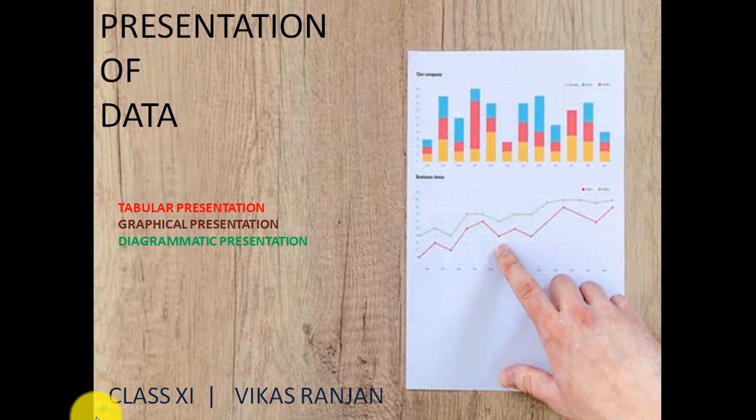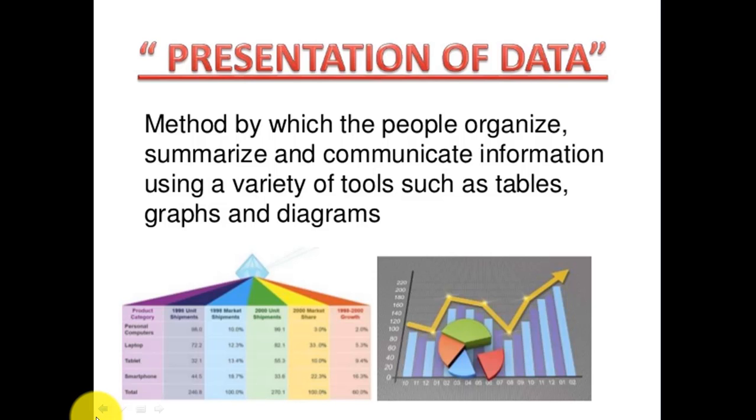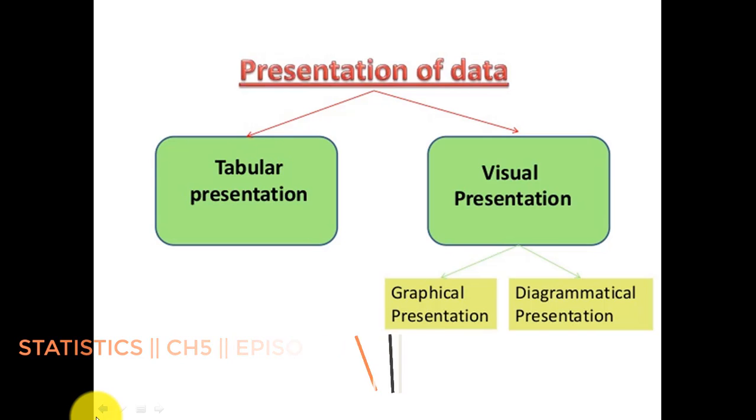Let us first understand the concept of presentation of data. What do you mean by presentation of data? It is a method by which people organize, summarize and communicate information using a variety of tools such as tables, graphs and diagrams. So, presentation of data involves the organization of data, summarization of data, through which we can communicate better.